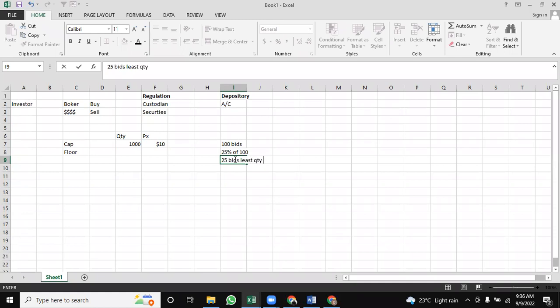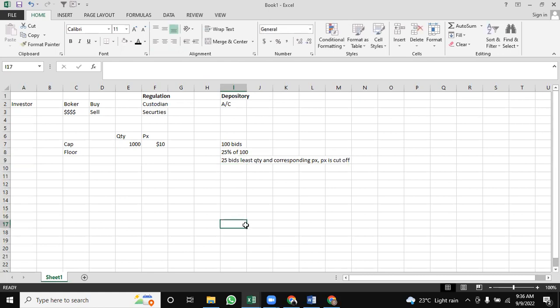Because if the auction is oversubscribed, the person who bid at a lower quantity and lower price can still get the shares. Once those 25 bids are cut off, the remaining are averaged, and that is the average price that everyone will have to pay.